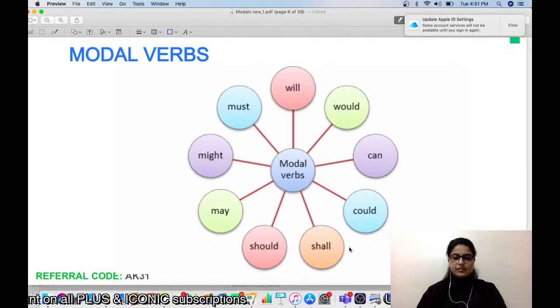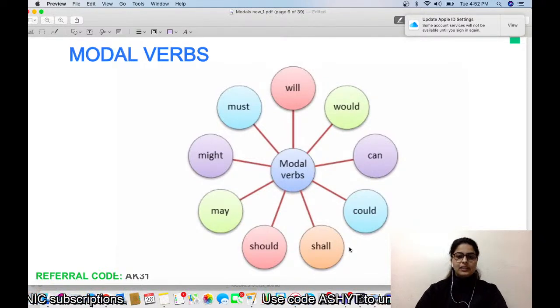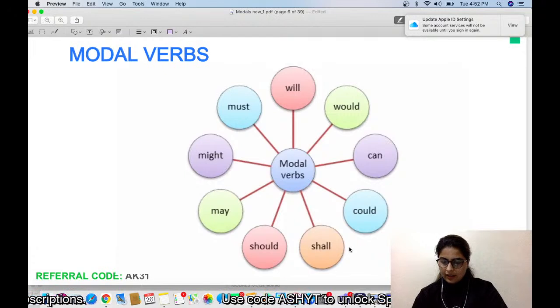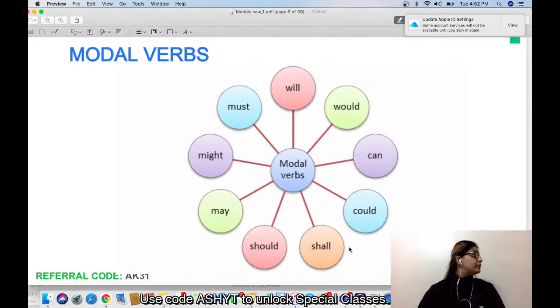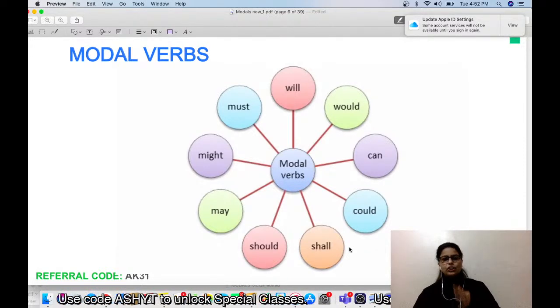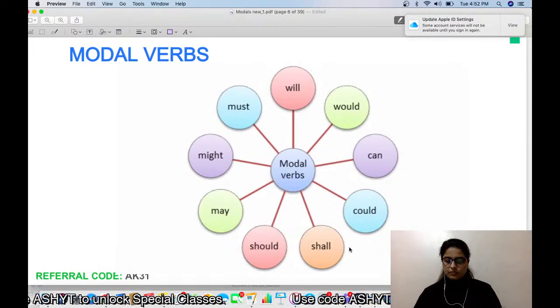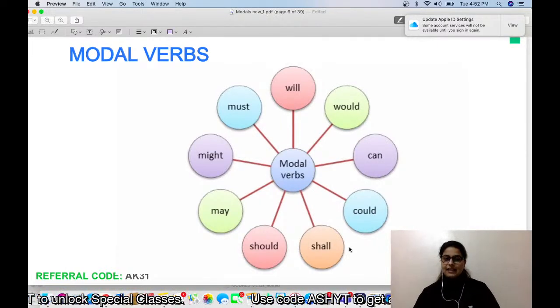Write in the chat, children, which modal verb we should use when we are talking to somebody younger than us or equal in age. People are writing shall. Okay, we can use that. Shall, I think, is the most humble modal verb that we can use. Could, may. Okay, you're writing random modal verbs.